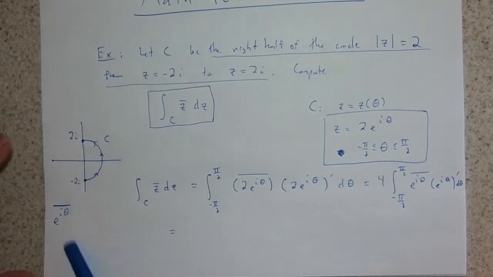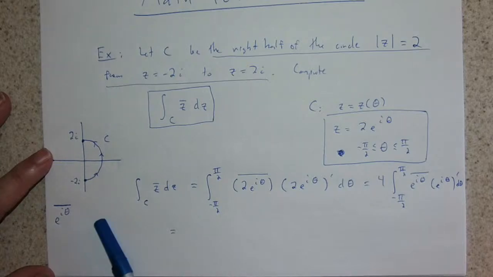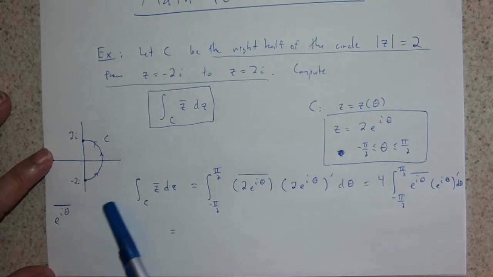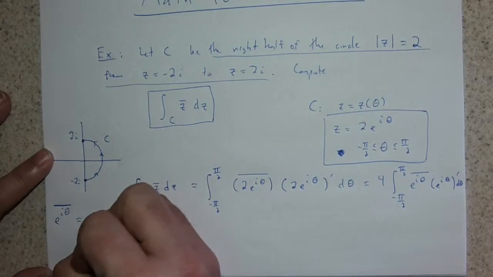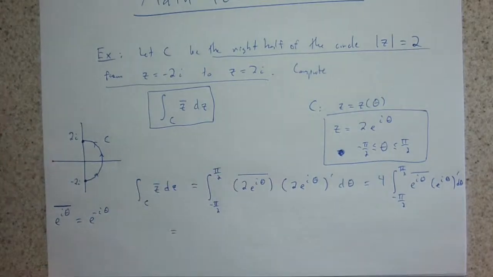So this would be cosine theta minus I sine theta, which is cosine of minus theta plus I sine of minus theta, using the fact that sine and cosine are odd and even, or even and odd, respectively. Then this is actually just e to the minus I theta, right? Okay, so that's e to the minus I theta.